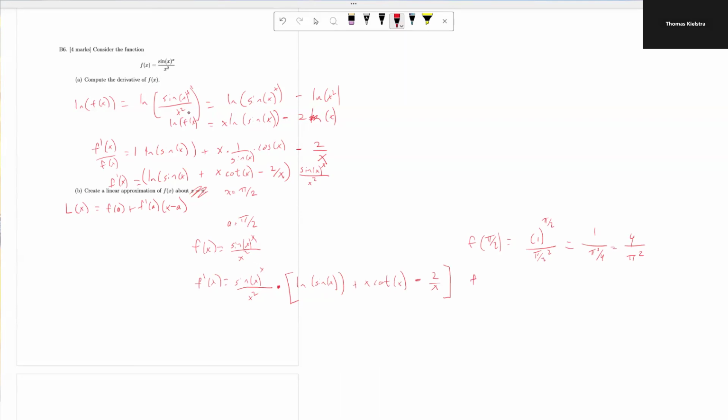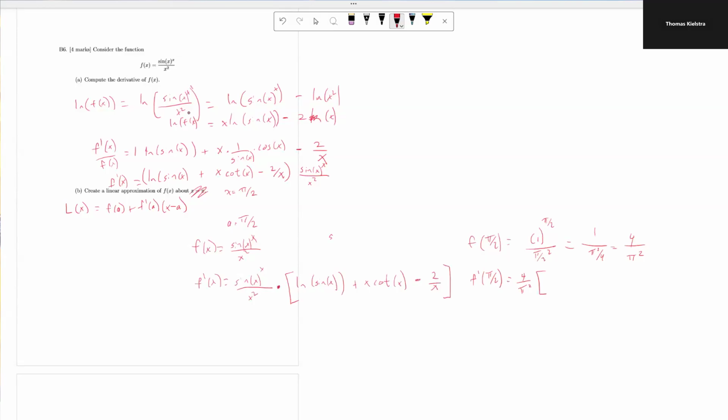Now for f prime of pi by 2, we can use this 4 over pi squared to replace this. So we get 4 over pi squared times ln of sine pi by 2.